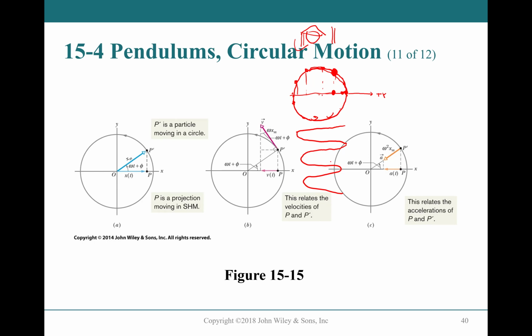So it's a projection of circular motion on the x-axis. So SHM is the projection of circular motion on the x-axis. Okay, so this is your object, and this is a projection.